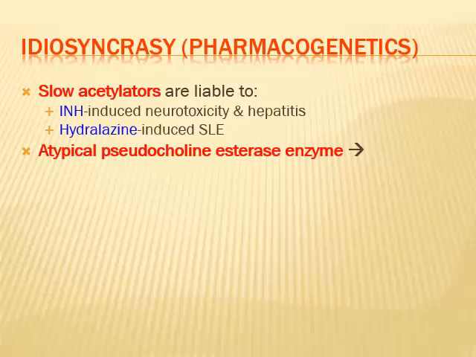There are three variants: the W variant, which is the normal one, and the K variant and the S variant, which have 30% and 0% activity respectively when compared to the W type. These atypical plasma pseudocholinesterases can cause prolonged muscular relaxation, manifested as apnea, lasting several hours after succinylcholine administration.